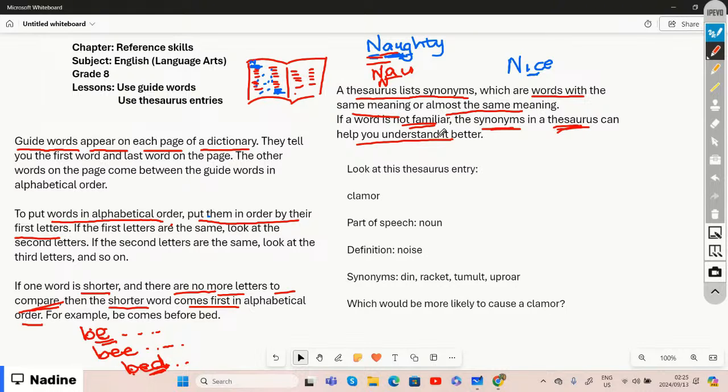Then you can go and look up the word that looks more familiar to you. So if you're not familiar with the word, the synonyms within the thesaurus can help you to understand it better.